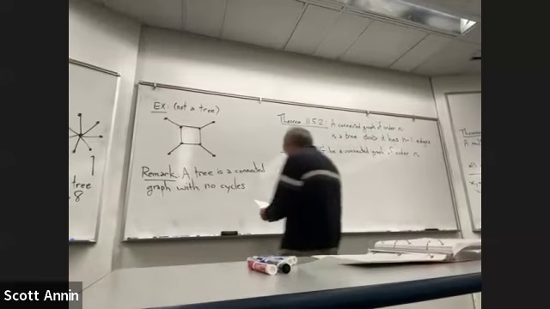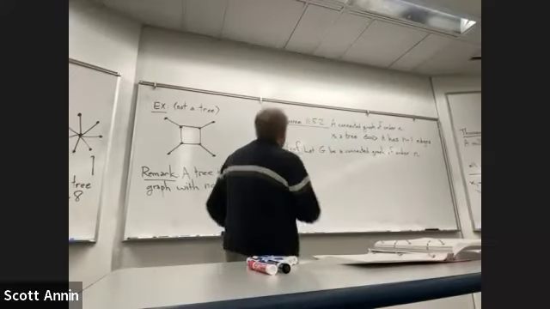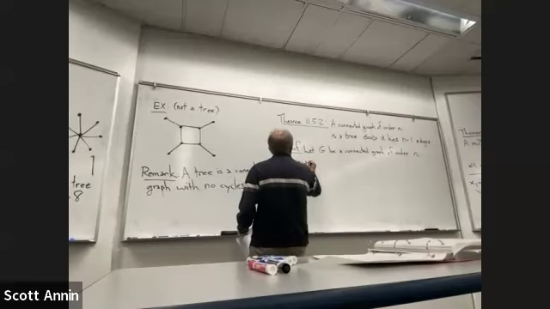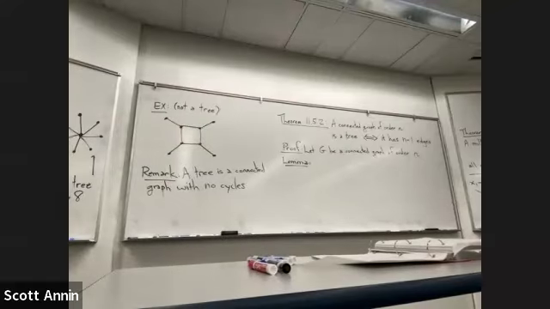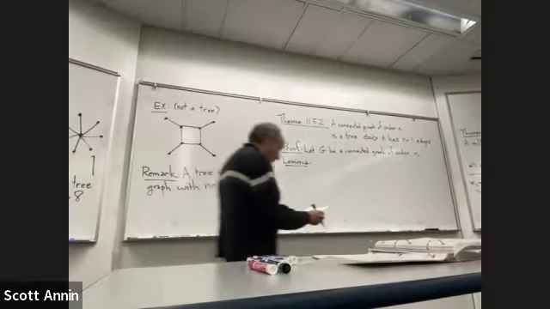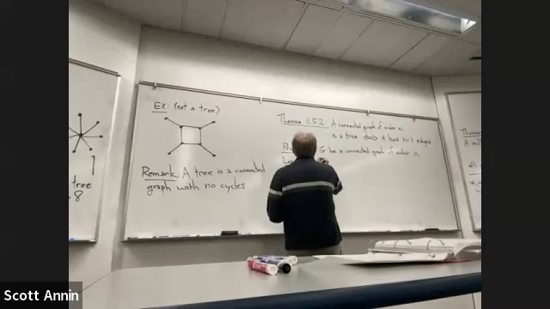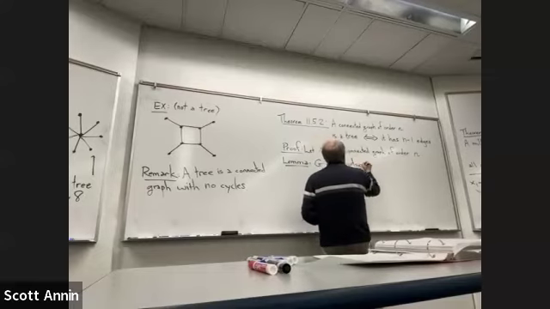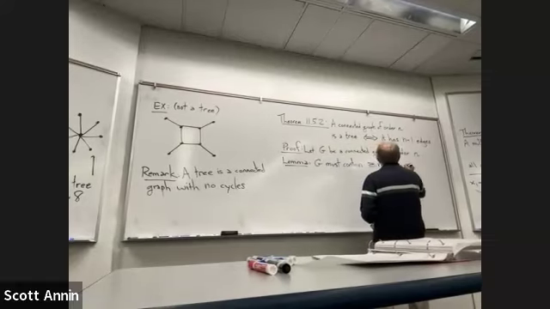And I'm going to make a little lemma here first. Sorry, I'm kind of doing this within the proof. So I'm going to make an observation within this proof, and then we'll go from there. The lemma is that G must contain at least n-1 edges.